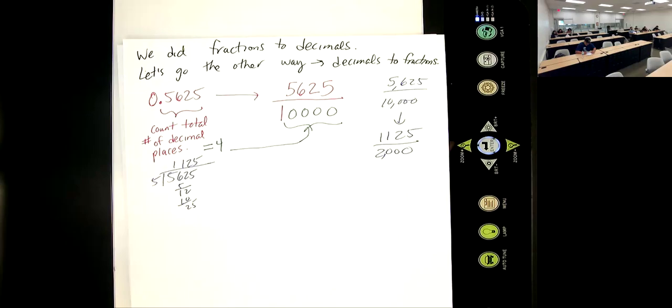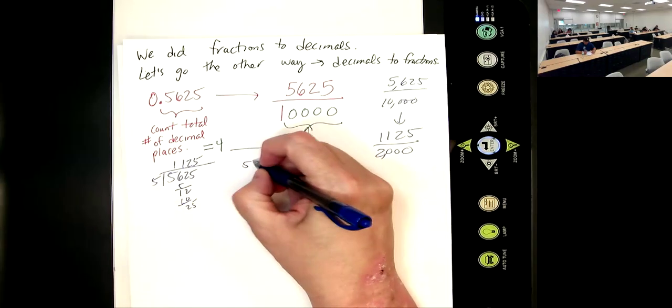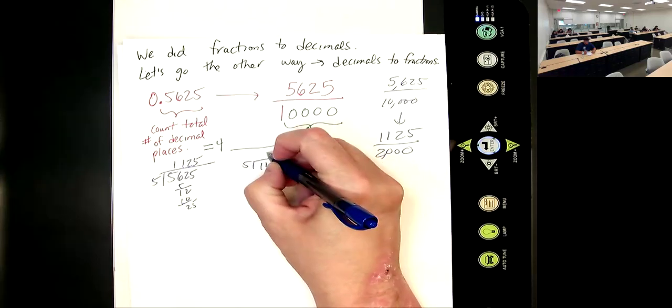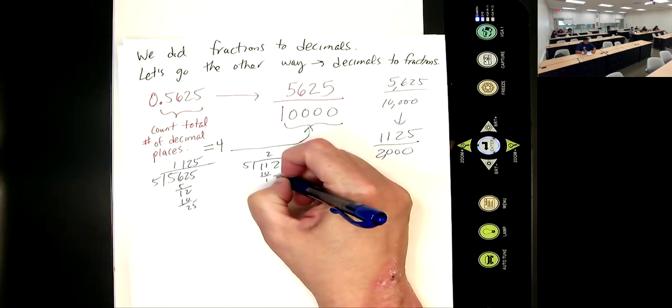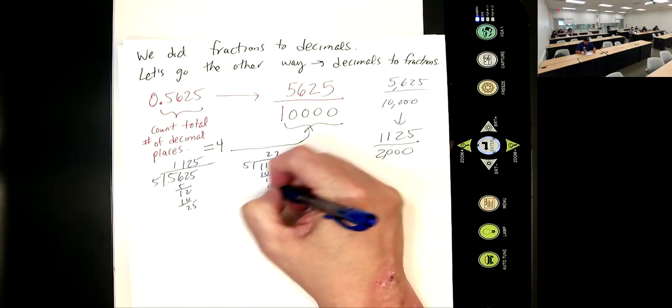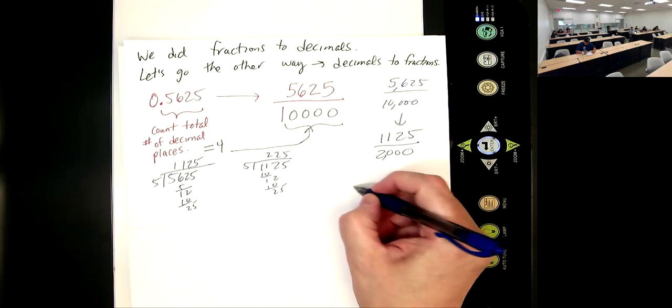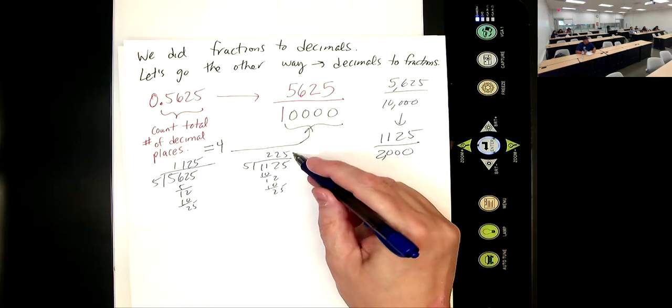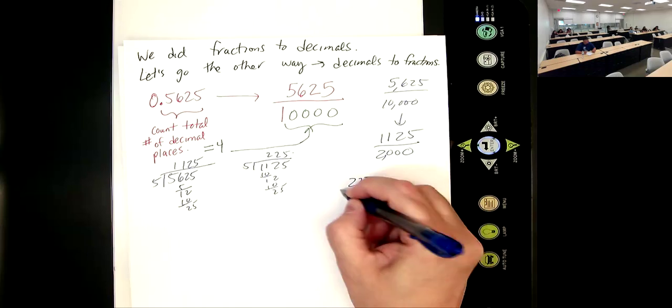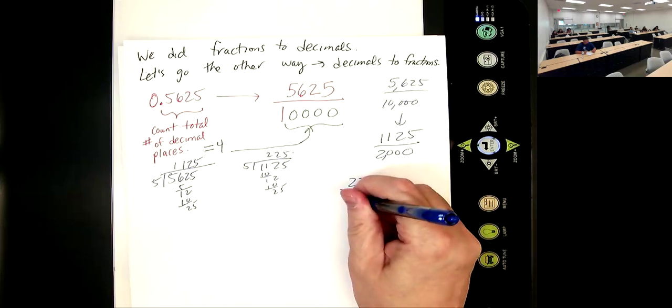I knew that without any help. They're both divisible by 5 again. So the top here is now 225, and 2,000 divided by 5 is 400.